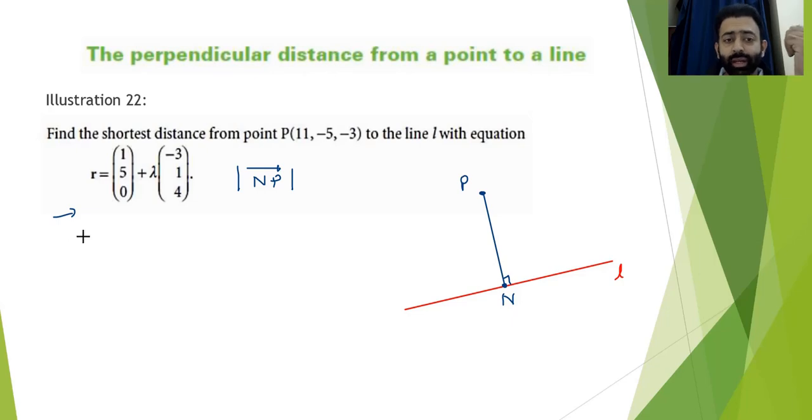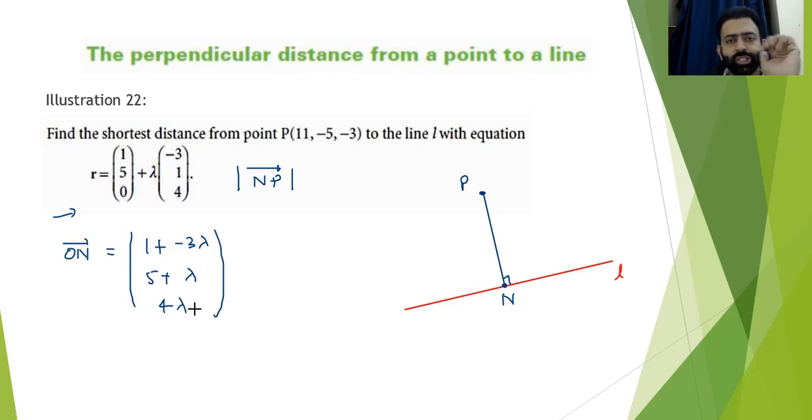If I'm talking about the point N which is lying on the line, the position vector of point N, denoted by ON, is (1 - 3 lambda, 5 + lambda, 0 + 4 lambda). This is the position vector of the point N lying on the line L, for some value of lambda.